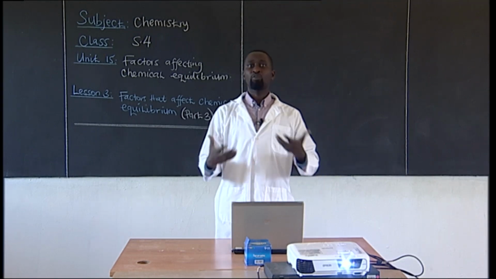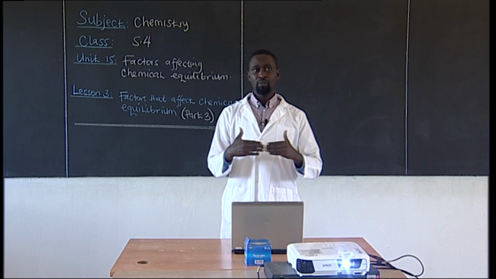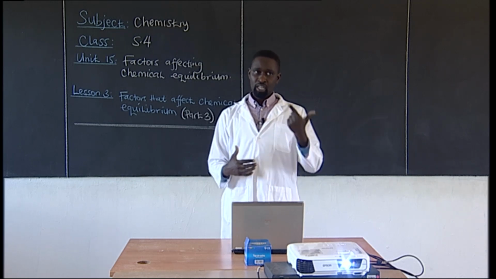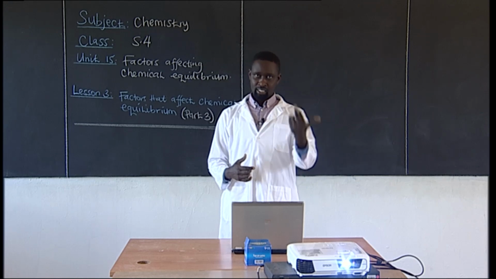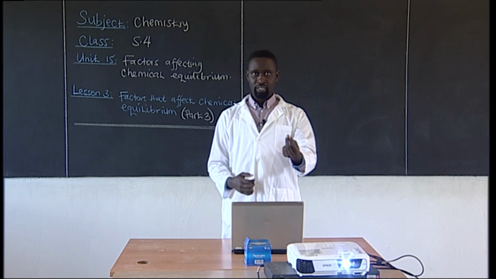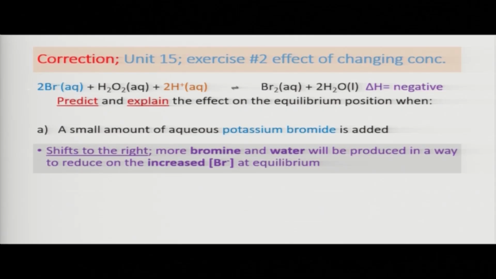So how will the equilibrium modify itself to minimize that change? That is what the question is saying. In answering, we must state our prediction, then go ahead and explain. The expected answer is: the equilibrium shifts to the right. Why?